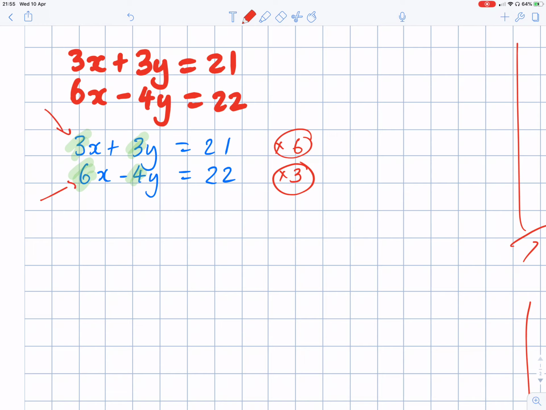When we multiply the top equation by 6, it means we multiply that by 6, that by 6, and that by 6, this by 3, this by 3, and this by 3.